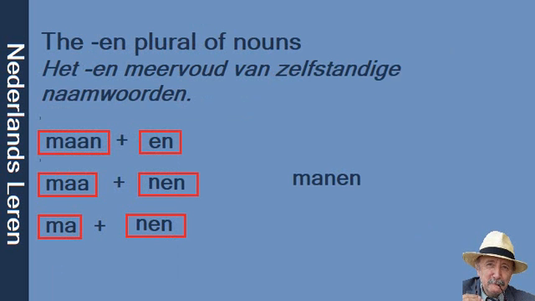The open syllable, in this case, contains two A's, maa. But as has been said previously, in an open syllable, the long vowel is written once. So instead of maa, we write ma. So we get manen.